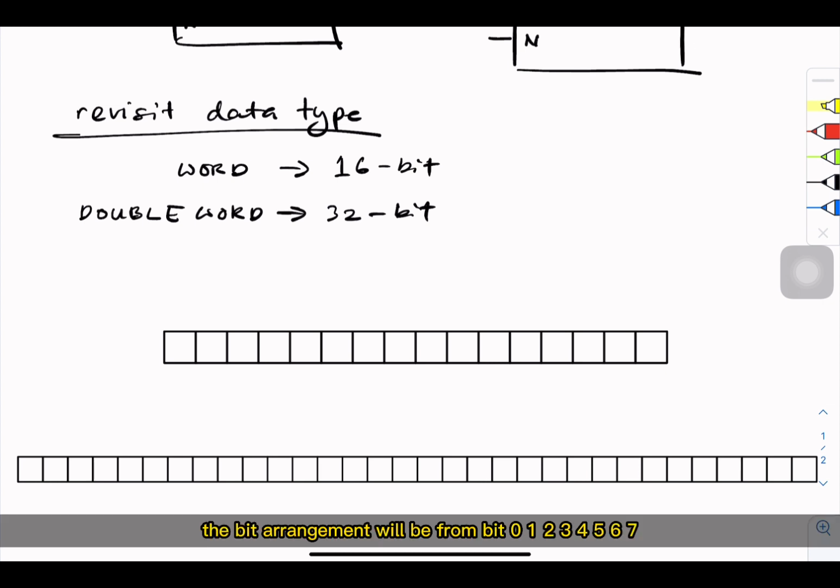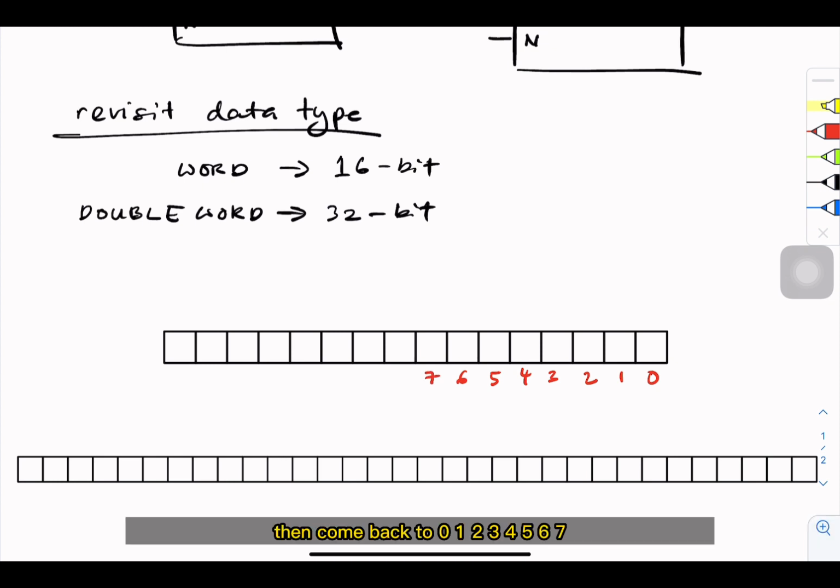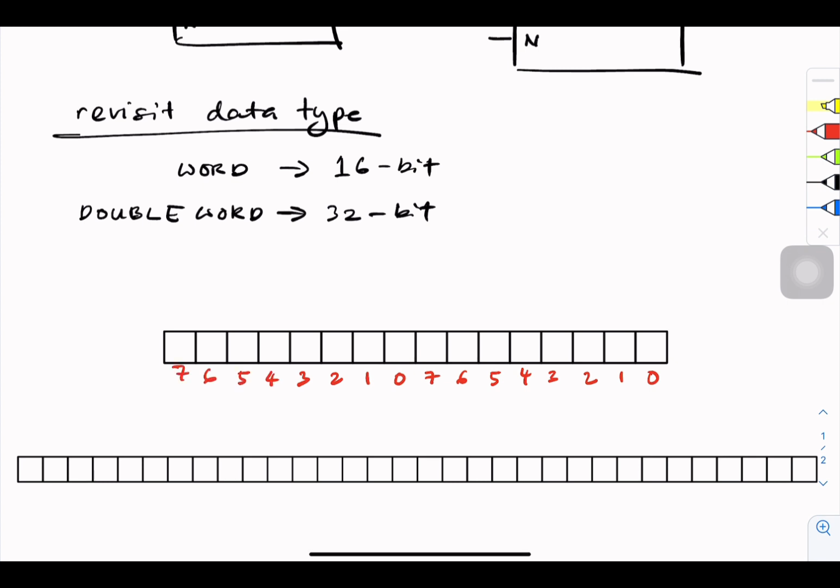The bit arrangement will be from bit 0, 1, 2, 3, 4, 5, 6, 7, then come back to 0, 1, 2, 3, 4, 5, 6, 7.